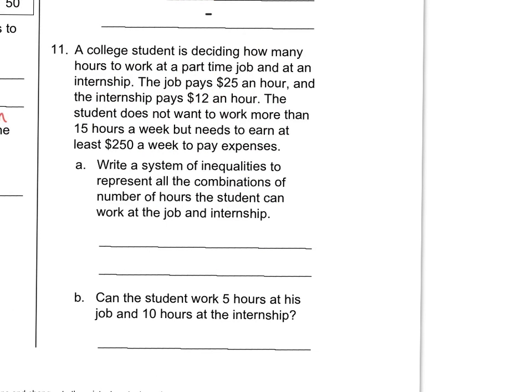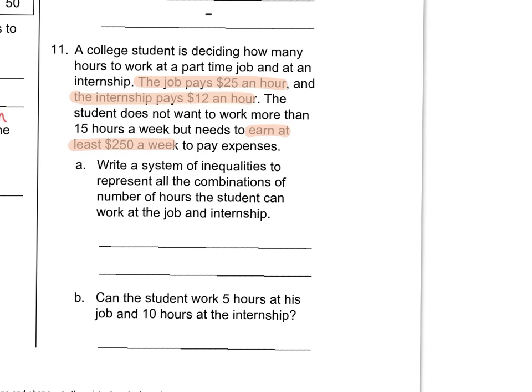All right, last problem here. If we read, a college student is deciding between 2 different jobs. So we're going to go ahead and say one job pays $25 an hour, and the internship pays $12 an hour, and he wants to earn at least $250 a week.